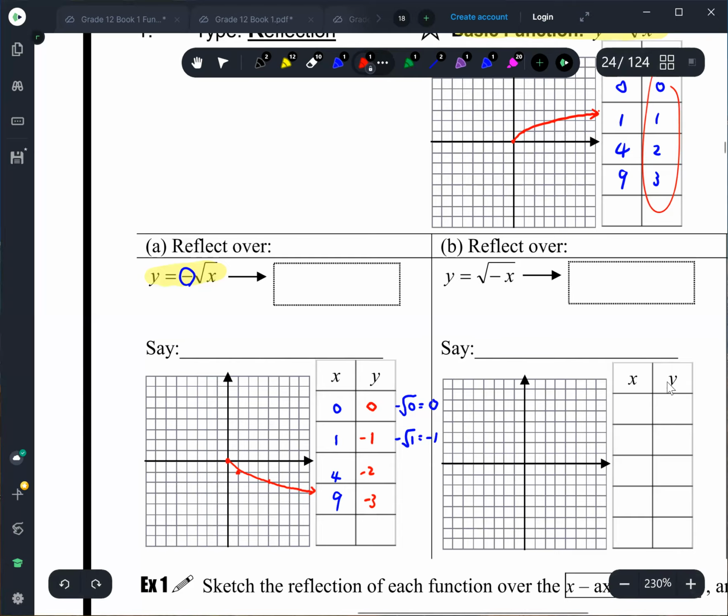Okay, are you guys done the graph? Can you raise your hand? Okay, Caleb, Jenny, Marcus, are you done?